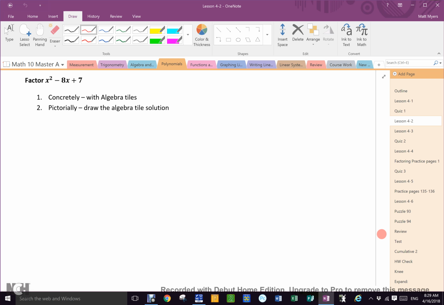It's a product, right? Which means if I was going to draw it, it would look like this, yes? And the factors would be on the sides, and the product would be in the middle, correct? Now we know when we draw this, it has to make a rectangle, right?